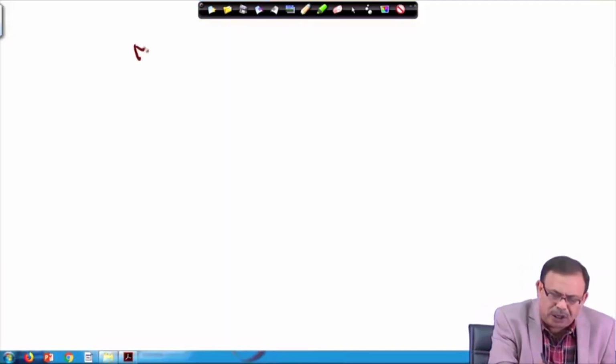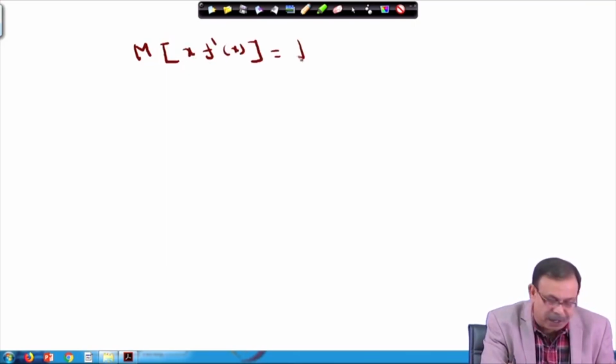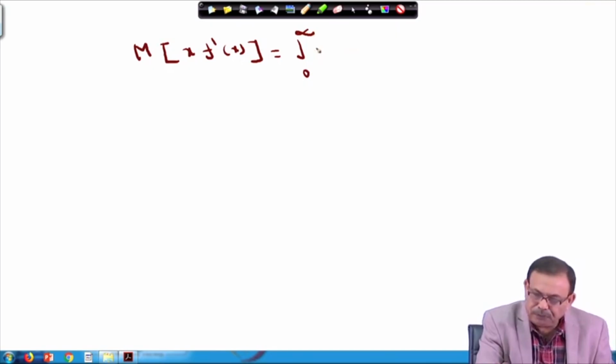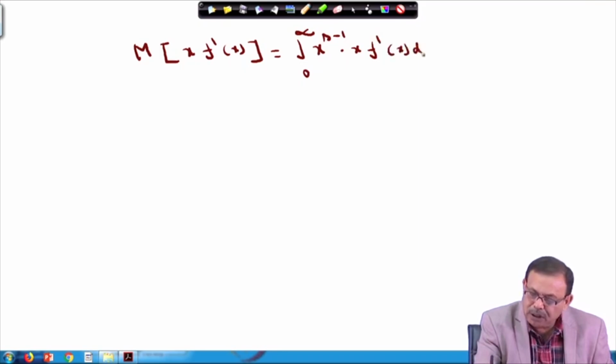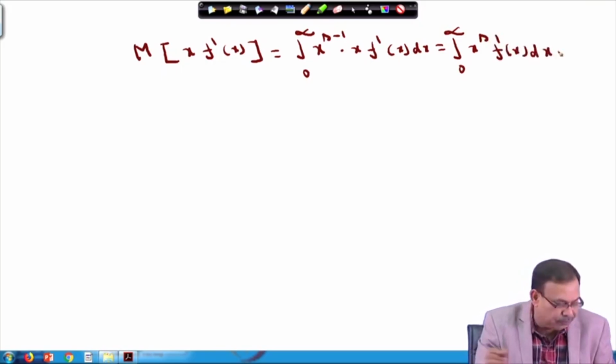We start with the Mellin transform of x f dash x, which equals the integral of x to the power s minus 1 into x f dash x dx, so you can write 0 to infinity x to the power s into f dash x dx.